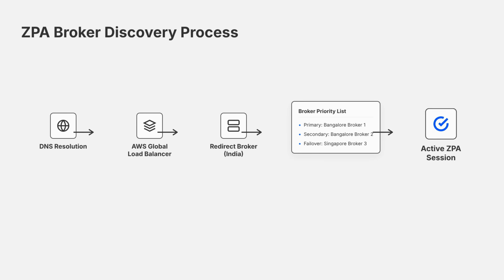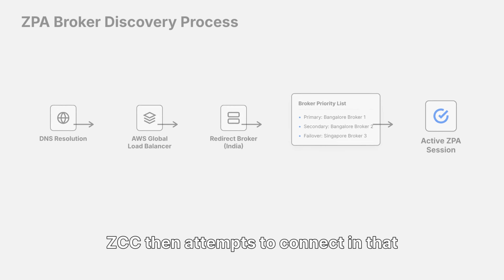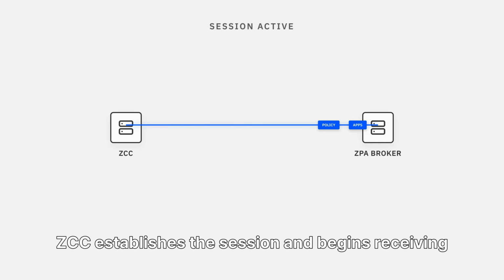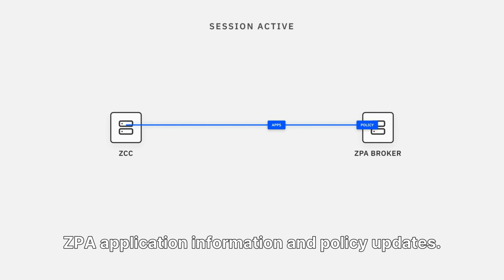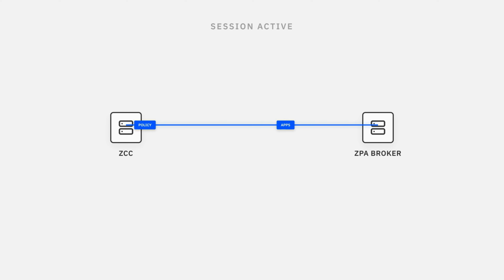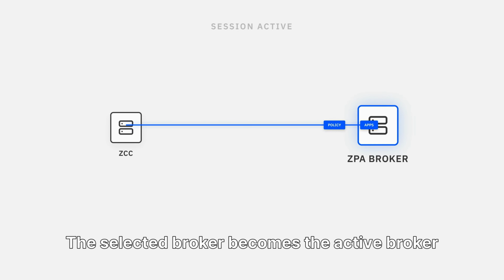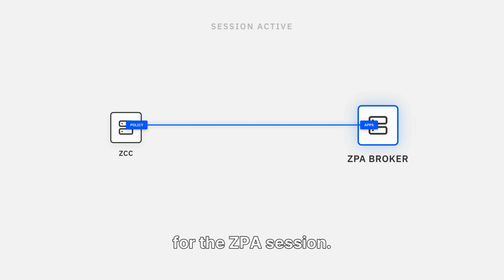ZCC then attempts to connect in that order. As soon as one broker responds successfully, ZCC establishes the session and begins receiving ZPA application information and policy updates. The selected broker becomes the active broker for the ZPA session.